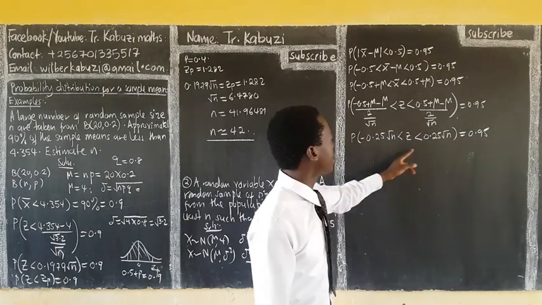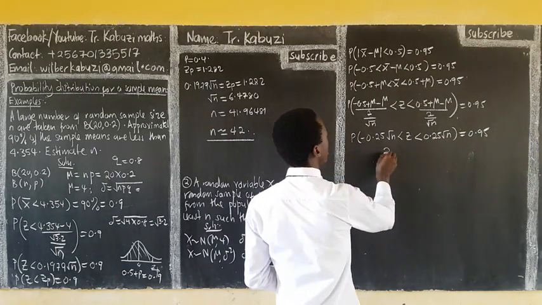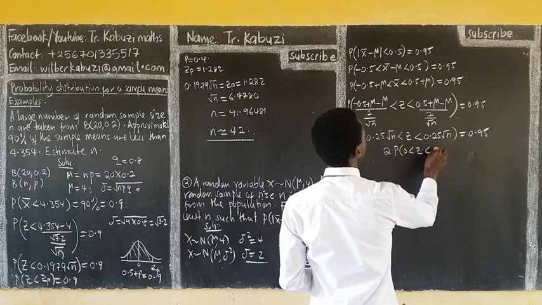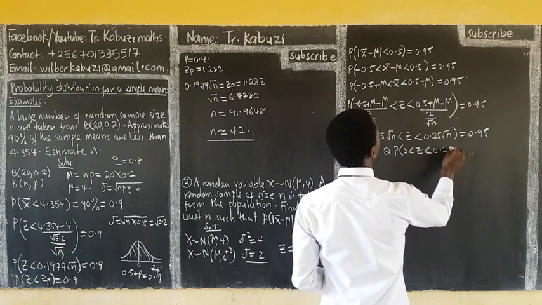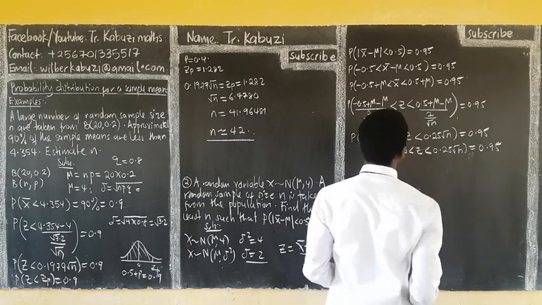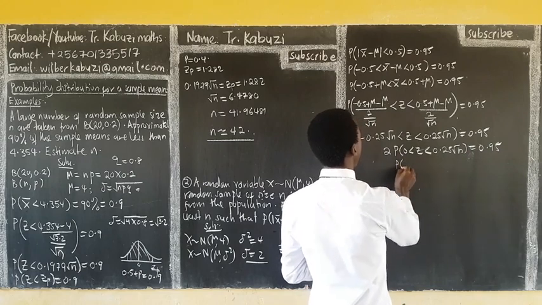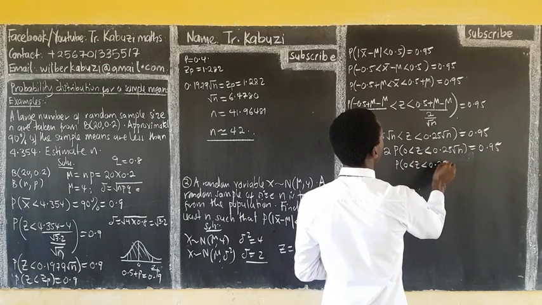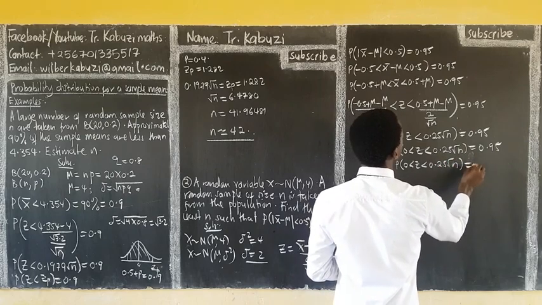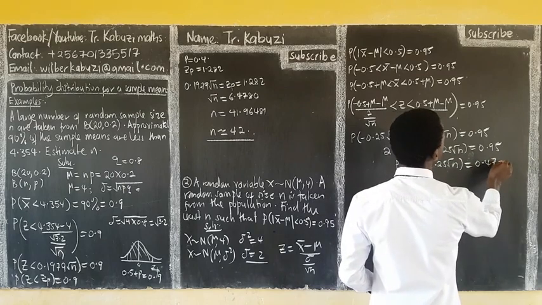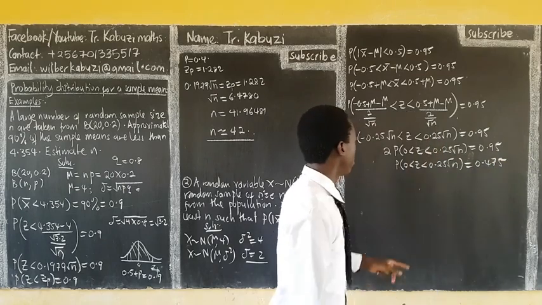And if these two are the same, this is the same as twice the probability of 0 less than z less than 0.25 root n equaling 0.95. Divided by 2, our probability of 0 less than z less than 0.25 root n is going to be 0.475.